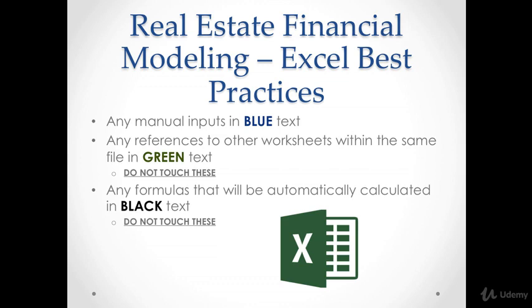So maybe that sheet is your sale reversion value sheet. If that cell is referencing a different worksheet within that same file, that cell will be in green text. Again, do not touch this, but something to be aware of when we're working in Excel going forward.